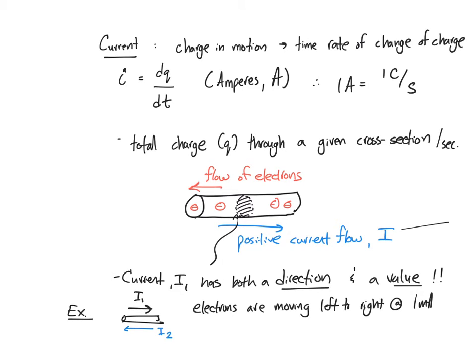That's okay to say, that's a rate, millicoulombs per second. We could actually write the values of I1 as being negative 1 milliamp because I1 is moving left to right. Likewise, we could write I2 as being positive 1 milliamp.